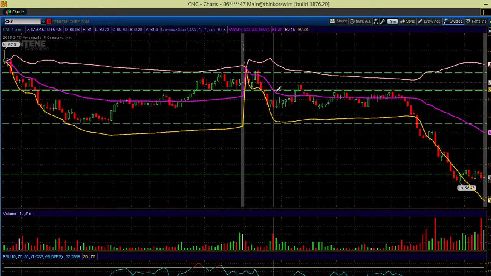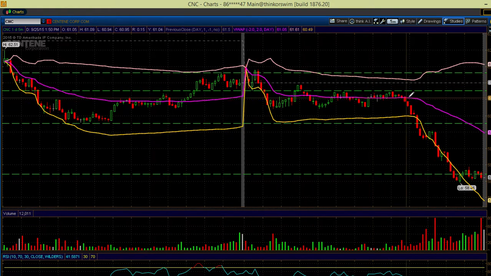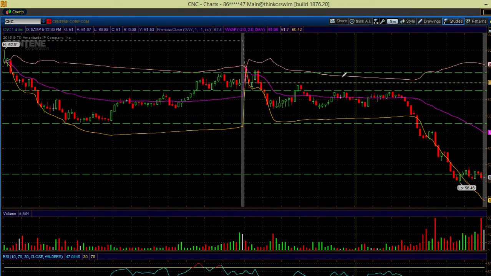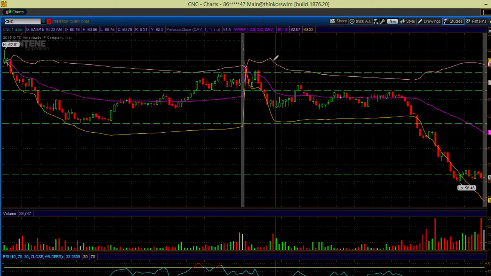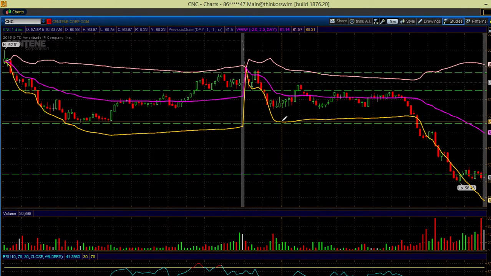Okay, this purple line is a VWAP, volume weighted average price. And this acts as support and resistance intraday as well. And this is a pretty strong indicator of how strong or how weak a stock is or is going to be. This is the upper deviation band and this is the lower deviation band.